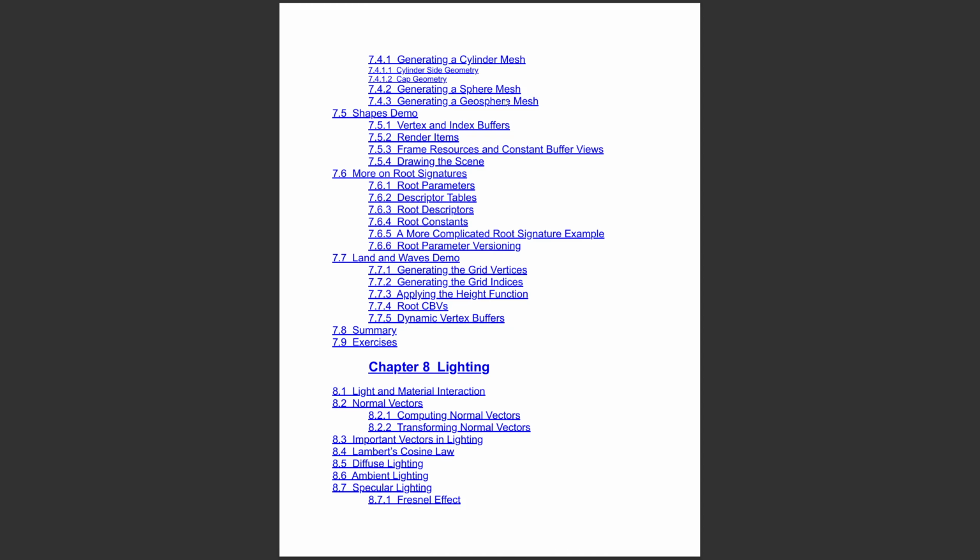Maybe we're passing a color in with our root signature before we draw. I'm not quite sure. But then we have root parameter versioning, and then we get into some of the more interesting stuff, which is the land and waves demo.